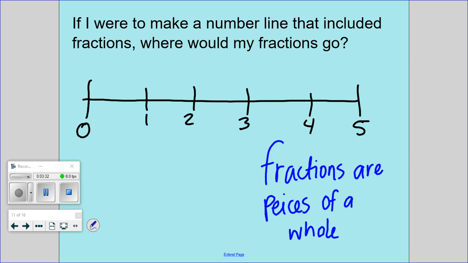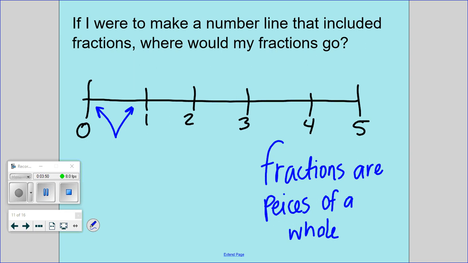Fractions are pieces of a whole. So if I'm talking about a half of a cookie, a half of whatever, any kind of fraction, they're going to go in between my whole numbers.